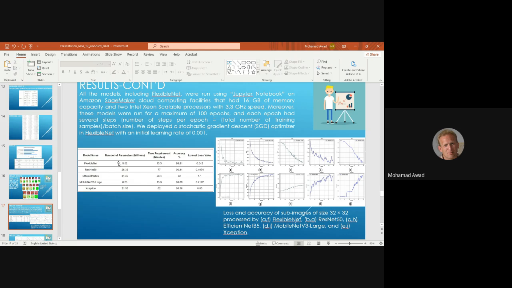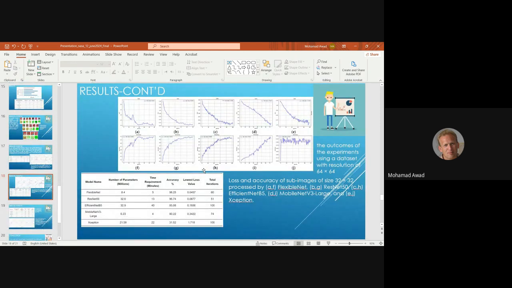And FlexibleNet has the lowest number of parameters, 5.52 million, compared to 31.30 million for EfficientNet B5, followed in efficiency by MobileNet V3 Large, which has the same timing requirements as FlexibleNet but less accuracy. In addition, FlexibleNet had the lowest loss value.